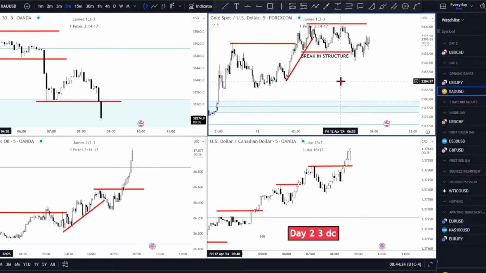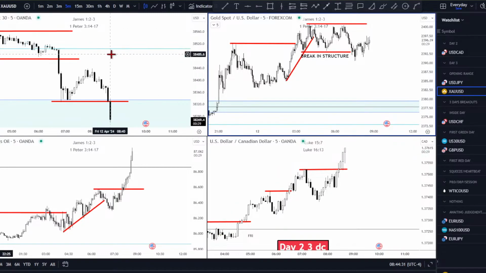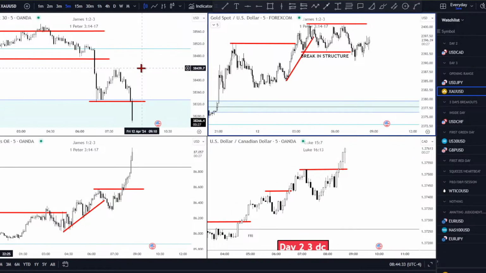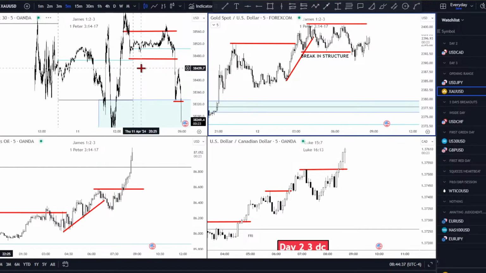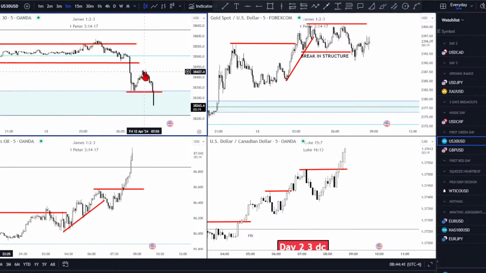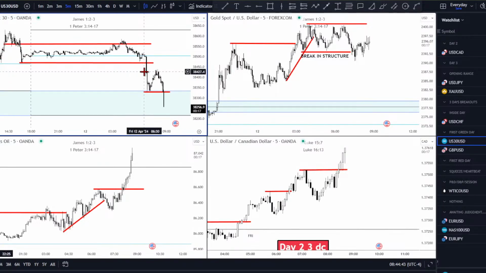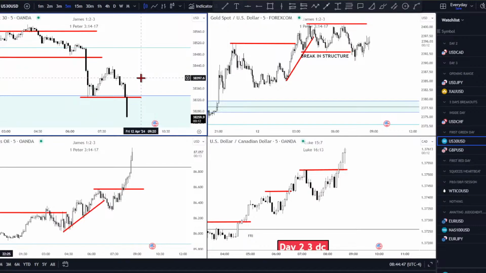A lot of things started moving very early this morning, which you all know kind of makes me nervous, but we will see. US 30 might be leaving the building as well. Who knows? Let's see. Only time will tell.